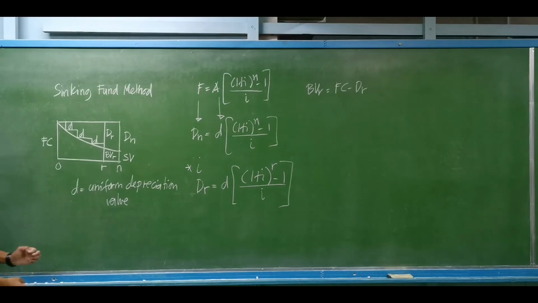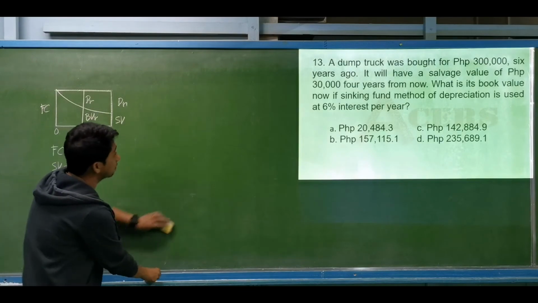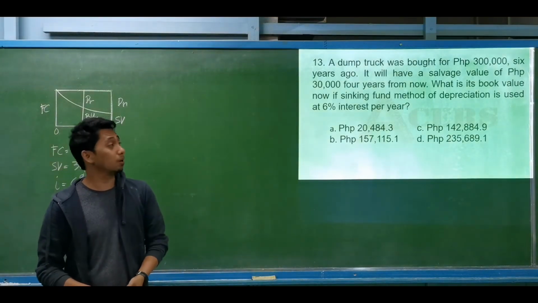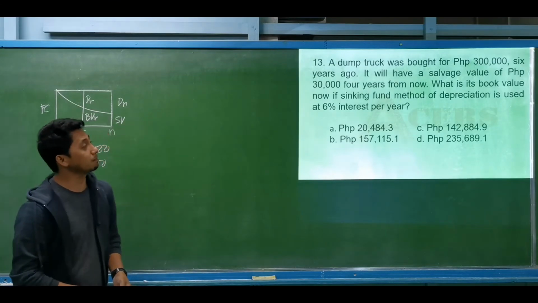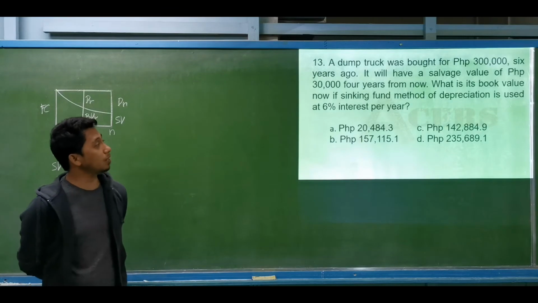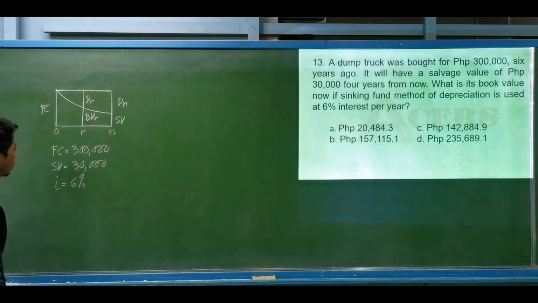So let's have an example for the sinking fund method. A dump truck was bought for 300,000 pesos 6 years ago. It will have a salvage value of 30,000 pesos 4 years from now. So what is our present r, or on what year are we?